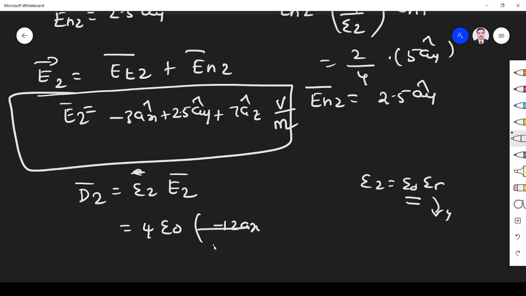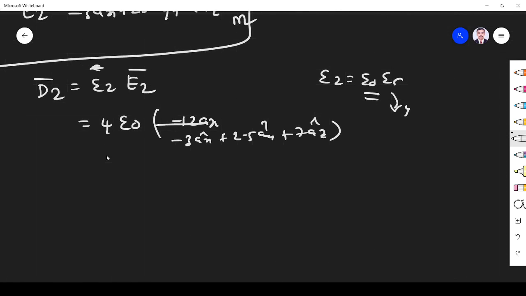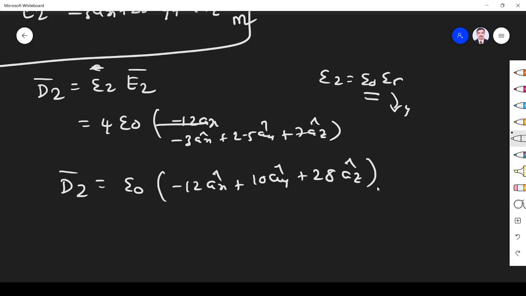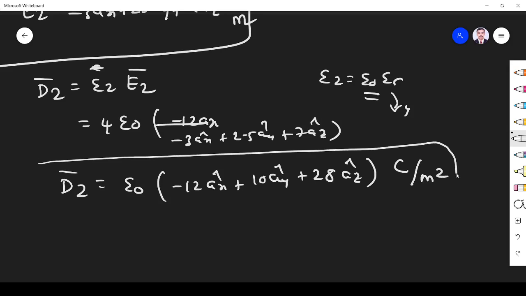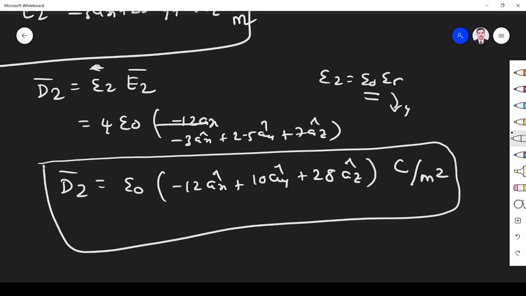If you multiply with minus 3ax plus 2.5ay plus 7az, D2 will be equal to epsilon naught into minus 12ax plus 10ay plus 28az, in units of coulomb per meter square. Flux density, so flux per area. Flux is coulomb, area is meter square.